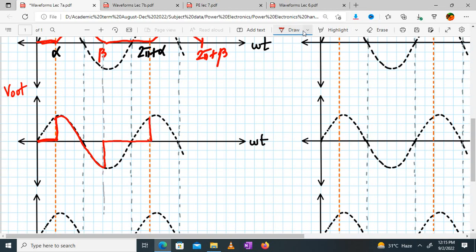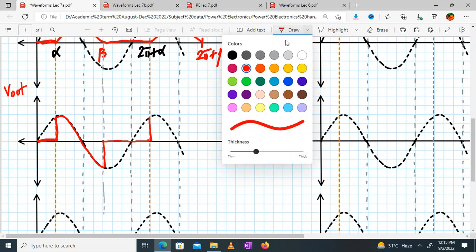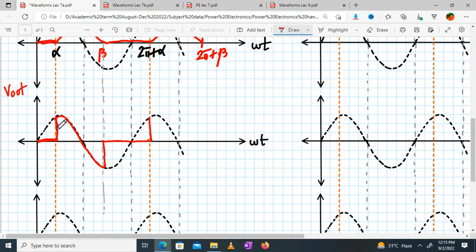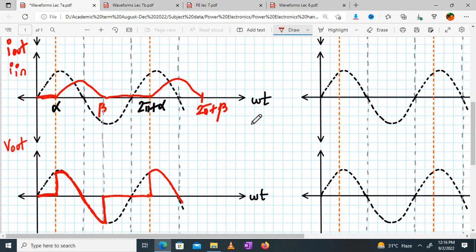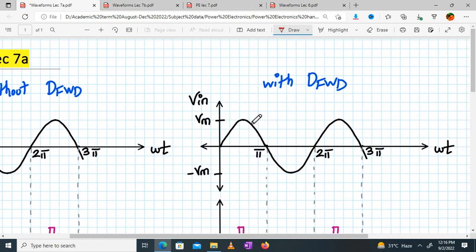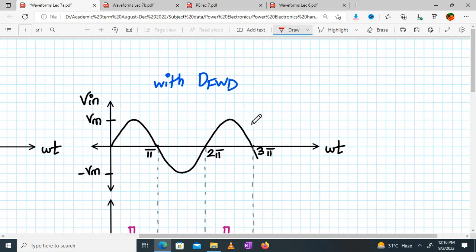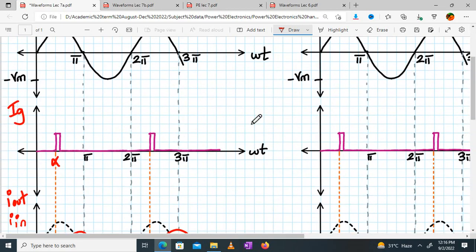I am redrawing it again. You all have already done that last time, so no need to do that again. Just watch it. I am doing it for comparison purposes. So this was V out. Correct? The V out waveform has a small negative portion along with a positive output. Is that fine? Now we'll start studying your freewheeling diode and we'll draw the waveforms accordingly. Is that clear? And at the end we'll see the comparison between the two.